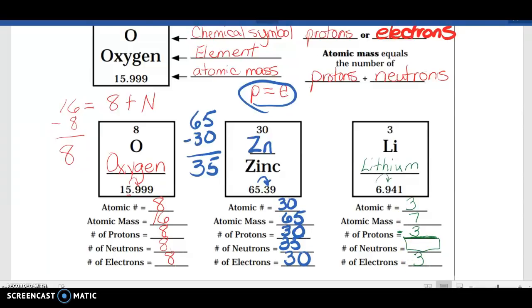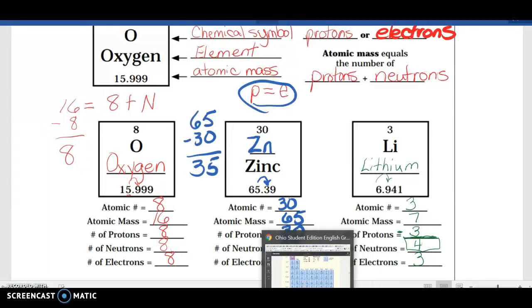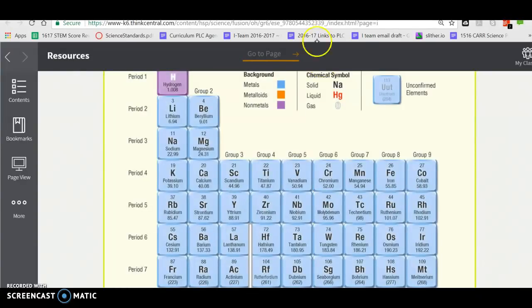And to find the number of neutrons, remember I have this nice subtraction set up. 7 minus 3 is 4. Okay. So the assignment asks you to go on this paper and from either the front or the back, pick any 6 that you would like to complete. And so I appreciate you watching, and good luck to you.